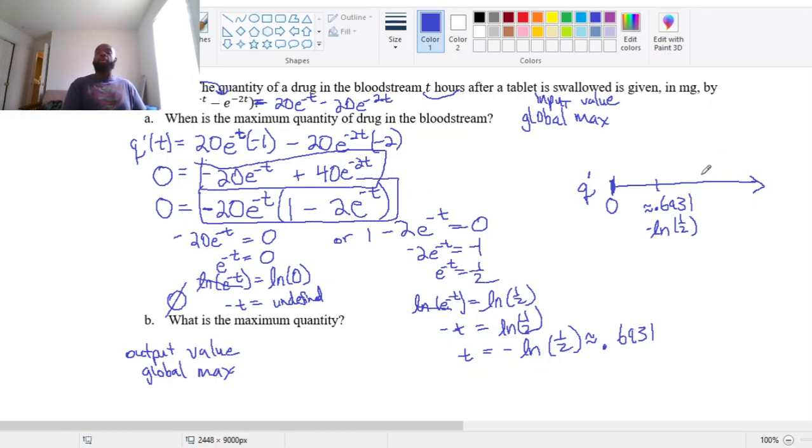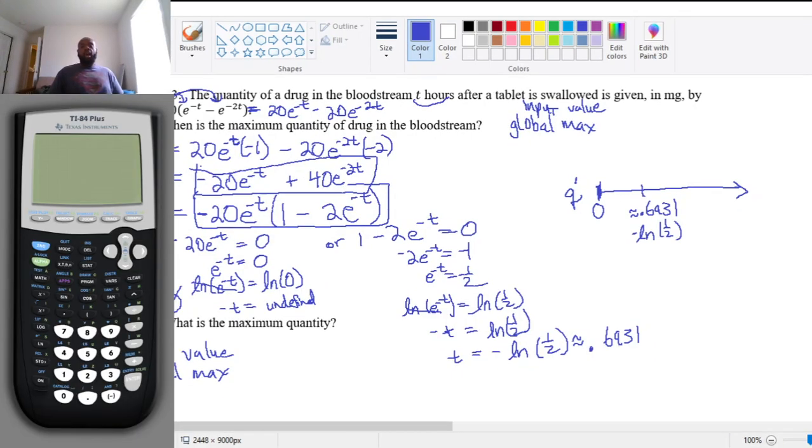And then I'm going to pick a number on this interval here. I'm going to go to my calculator and plug in my derivative function so that we can see what happens. I'm going to clear this out. I didn't mean to do that. I'm going to plug in the first one, negative 20 e to the negative t.